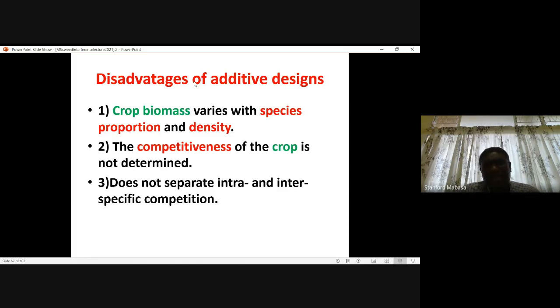So probably our estimates for weed control thresholds may not be very accurate. Second, the competitiveness of the crop is not known. We may not know the competitiveness of the crop.